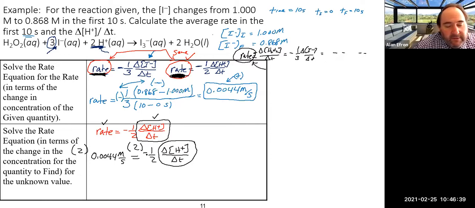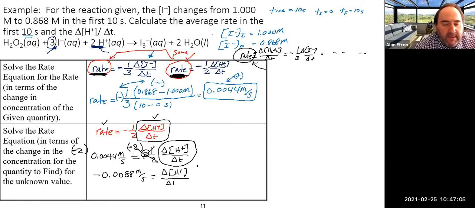But the other important thing is there's also a negative, right? So technically -2 to both sides. Those are going to cancel out. And that's going to give us a negative 0.0088 molar per second, which is how the change in the concentration of H plus is changing over time.